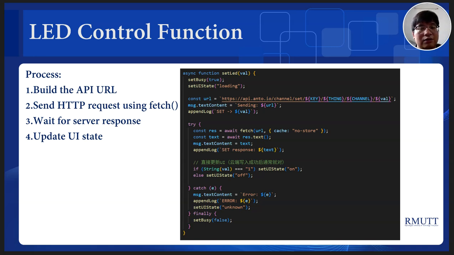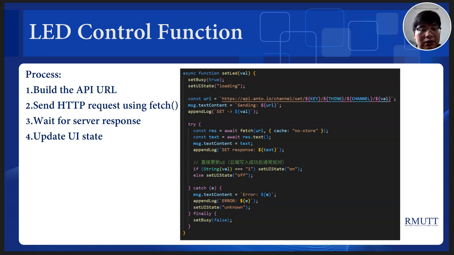The LED control function uses async and await to handle asynchronous communication. First, it builds the API URL using the channel set endpoint.